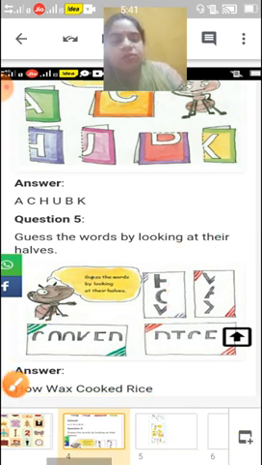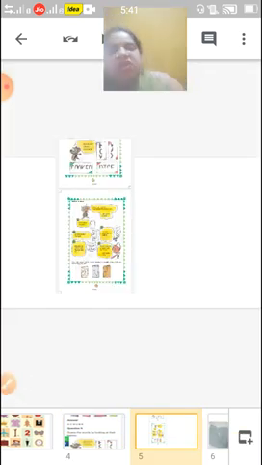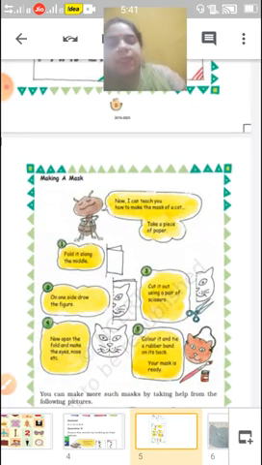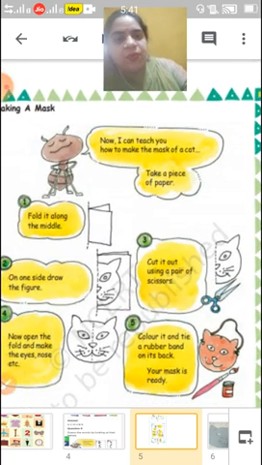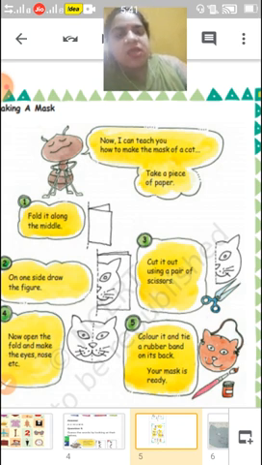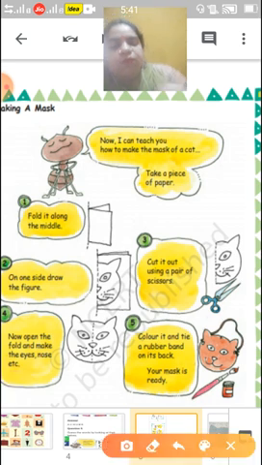Now come to the last page of our book. This is your home activity. In this activity, you have to make a mask. Okay, children? Now, let's read. Now, I will teach you how to make the mask of a cat. Take a piece of paper.